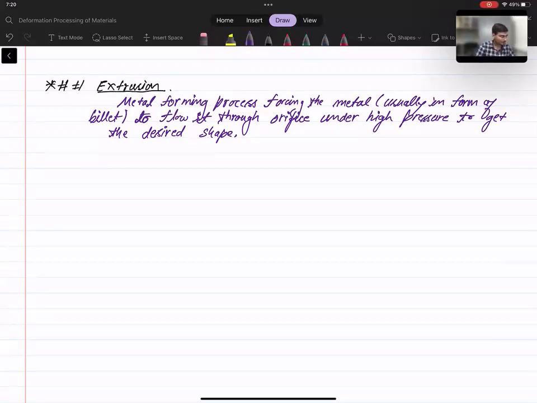Okay, so basically the reaction of the container, we will see what is container and what is ram, etc., and the workpiece leads to high compressive stresses, which are effective in minimizing the defects.